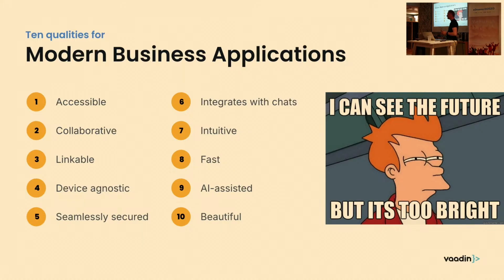Collaborative, this is our own idea, that applications will get more and more real-time collaboration. Like in Google Docs, you have seen that you edit at the same time as your friend or colleague, and that will become more and more common as the applications are more and more online. Linkable, this is more about integrations, so sending a link to a certain point in the application.